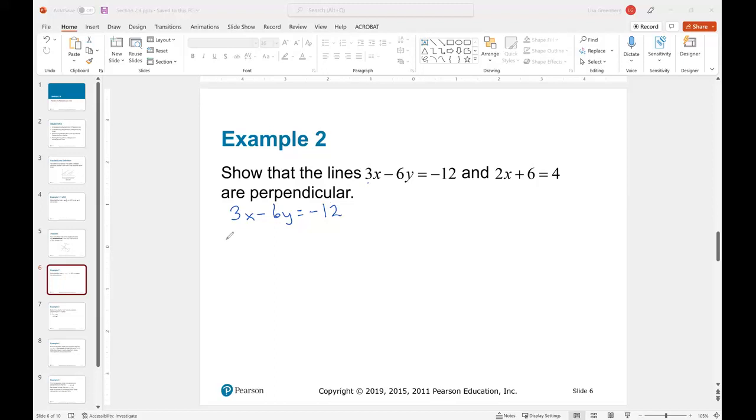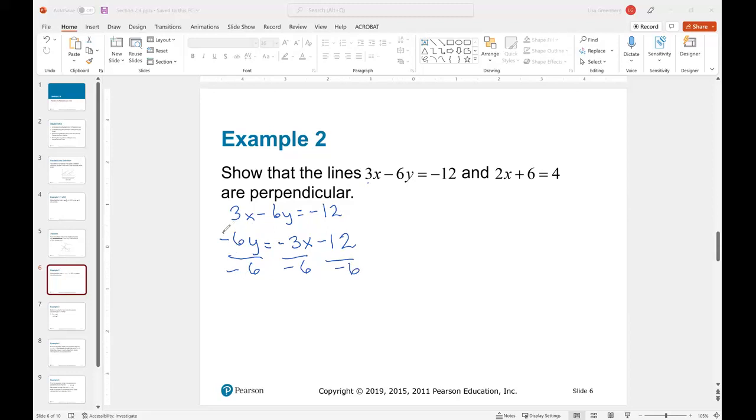So I'm going to subtract 3x from both sides. And I get minus 6y equals minus 3x minus 12. And then I'm going to divide both sides by negative 6.